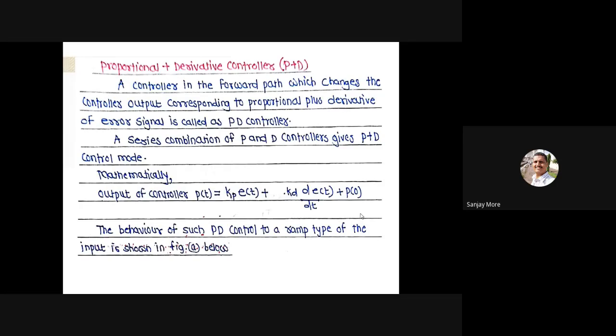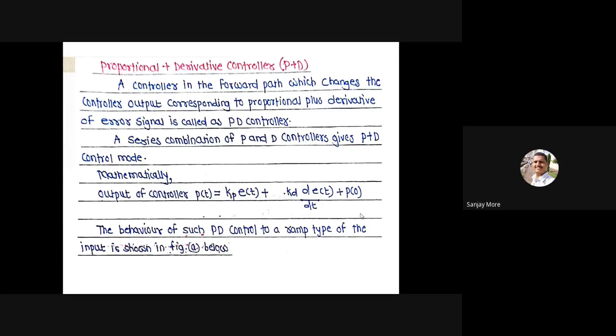In mathematical expression, the output of the PD controller is P of t equal to Kp, the gain constant of proportional, into error E of t, plus Kd, the gain constant of derivative controller, d by dt of error E of t, plus proportional output.